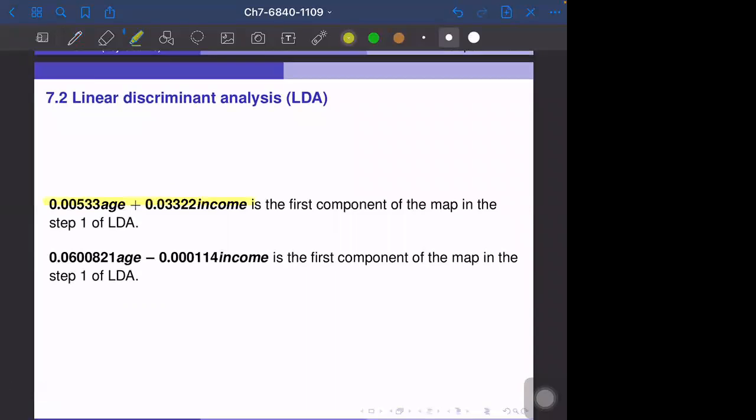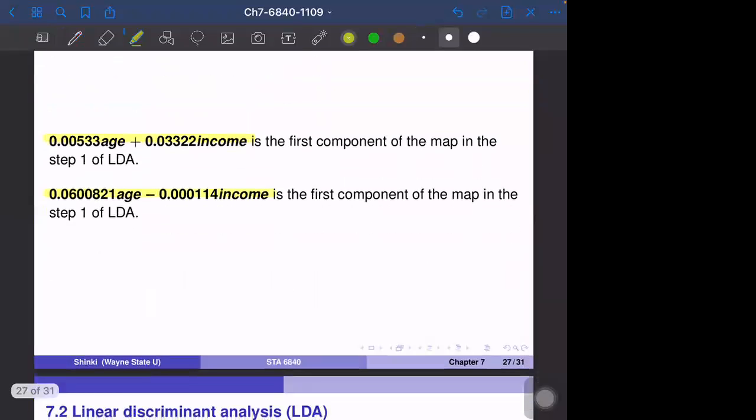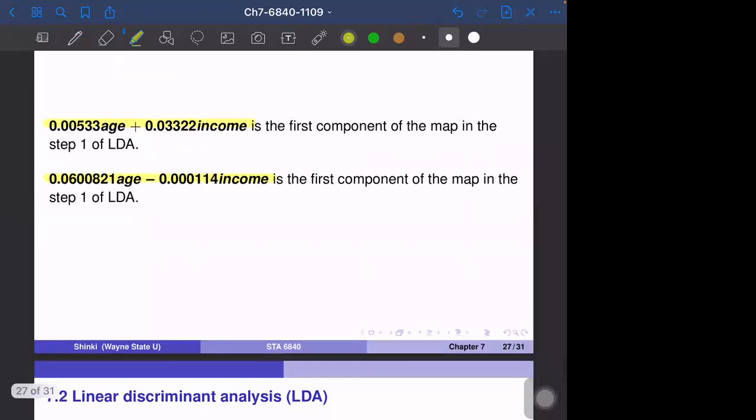There's not much information here because we only have two variables originally. If we originally had 100 variables, then the first step of LDA would give a lot of information.